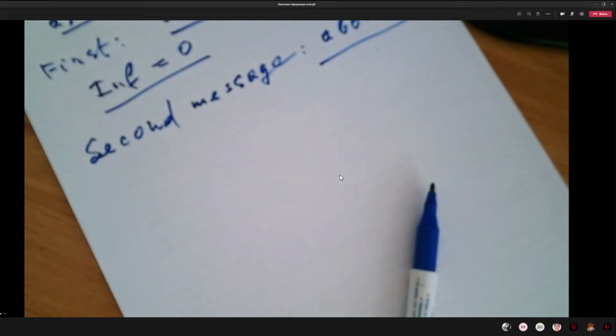In this message some amount of information can be coded. Similarly, the first case contains no information, but here we have some amount of information. And now there is the problem of how to define and calculate the amount of information.